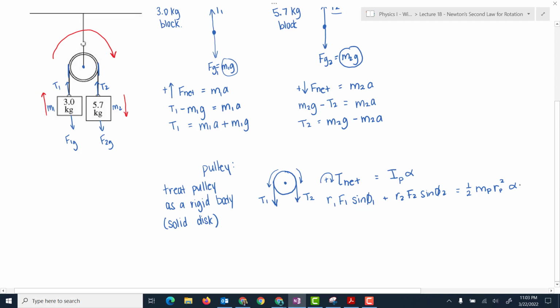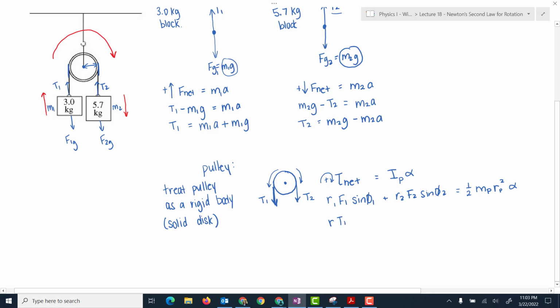Okay, so what do we know? R1 is the radius of the pulley, so I'm just going to write R for the radius of the pulley. F1 is the force that's acting on the pulley over here, so that's T1.